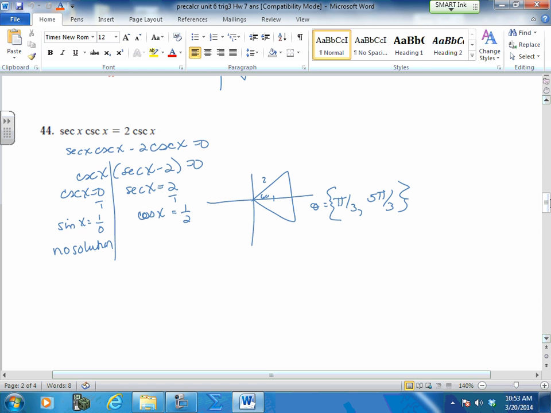Now, again, this one has my cosecant at 0. Here's my sine curve. Look where my cosecant goes. Am I ever at a 0? No. The zeros, aren't your asymptotes at zeros? If you think about your curve. So this guy has no solution.